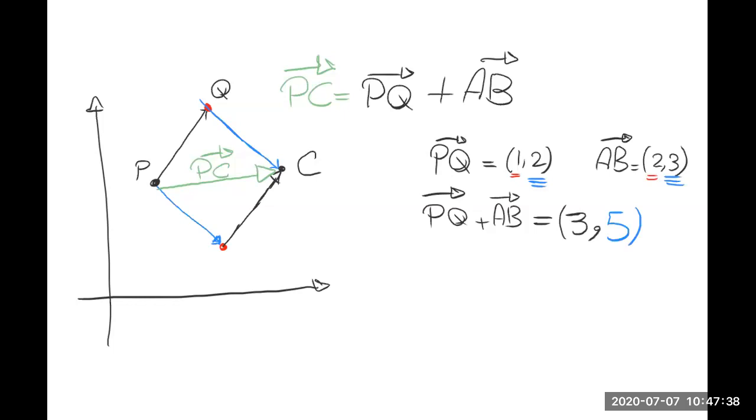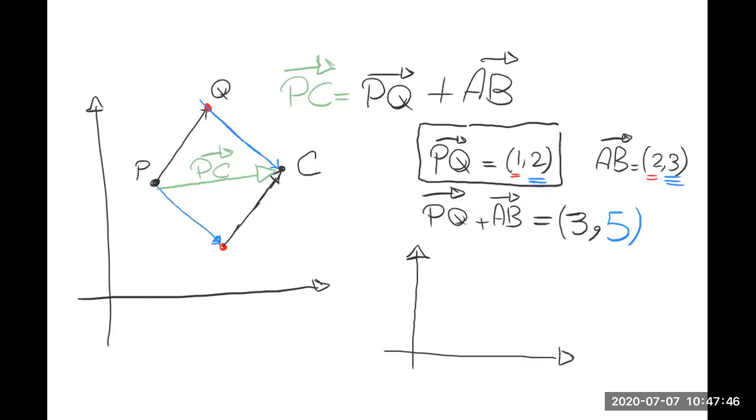There is also the geometric way. Geometric way means draw these vectors in the plane. The first vector is (1, 2). It means I can start both of them from the origin, it doesn't matter where you start. We can start from this point. This point is called the origin, (0, 0). For this vector PQ, the first coordinate is 1, so it goes right by 1, and the second coordinate is 2, so it goes up by 2.